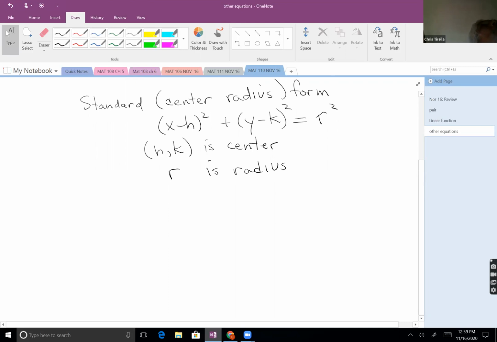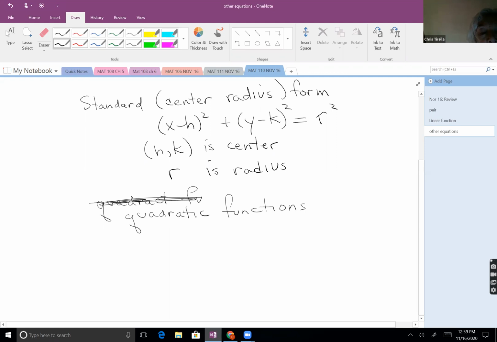And then in answer to that homework question, we also looked at quadratic functions. Oh, I misspelled quadratic. Let's try that again. Quadratic functions.